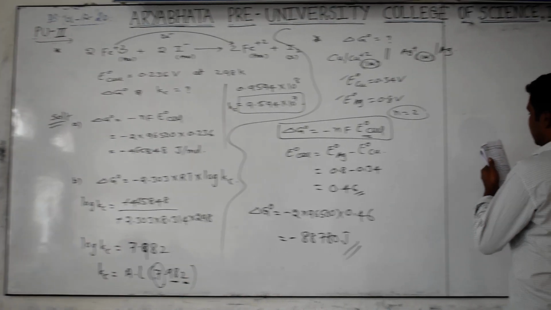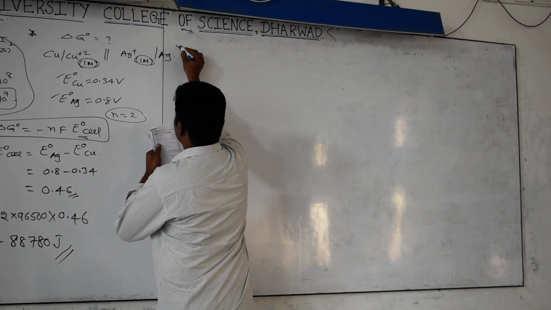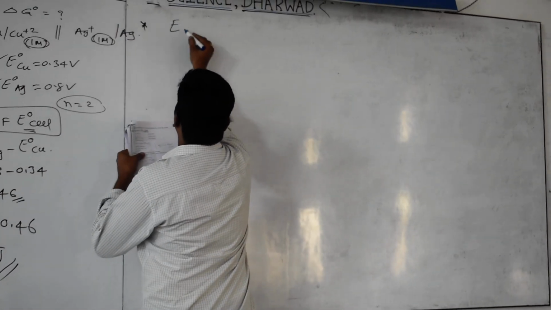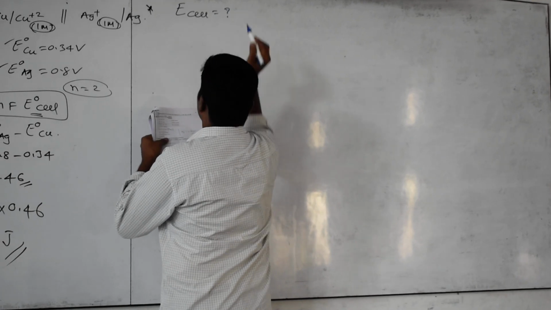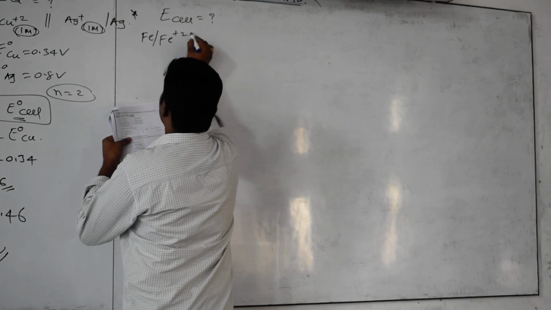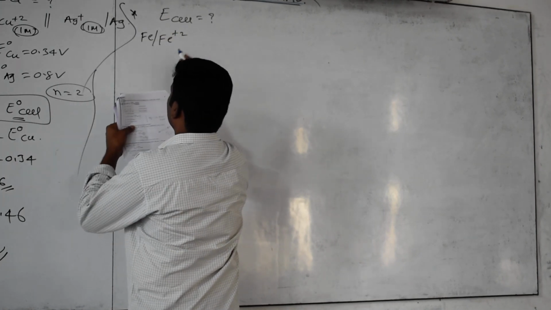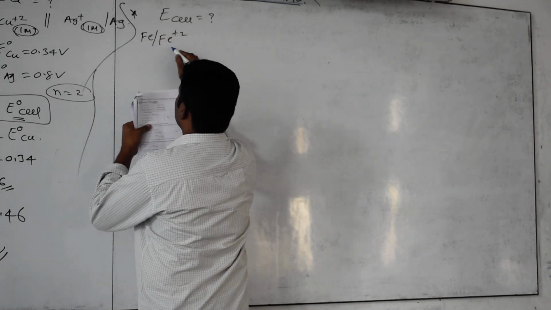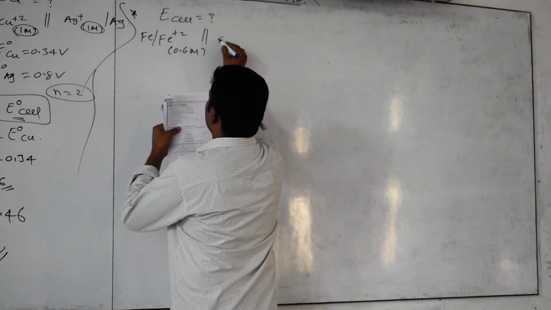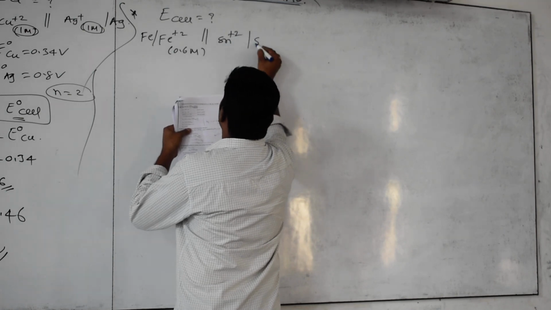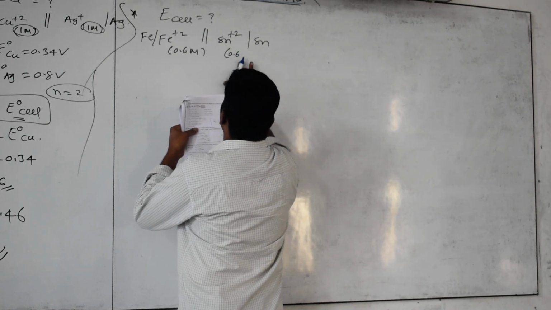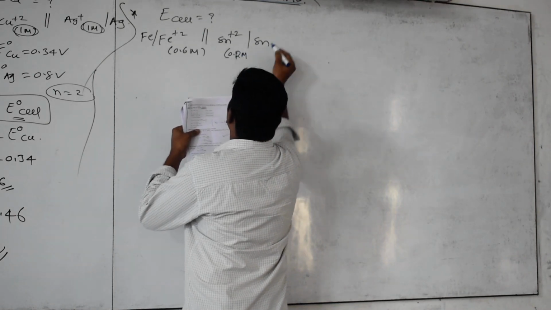Still 3 more problems are there. You do it, get practice. Calculate the EMF of this cell. The given cell reaction is Fe becoming Fe2+, concentration 0.6 molar, salt bridge, Sn2+ into Sn, concentration 0.2 molar.